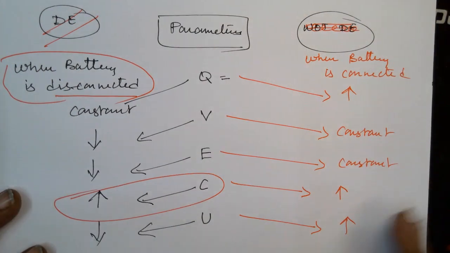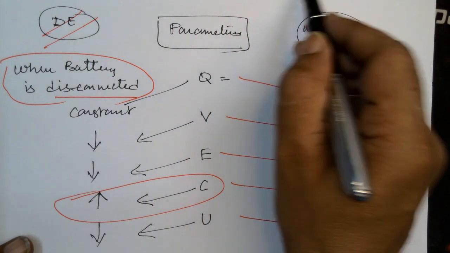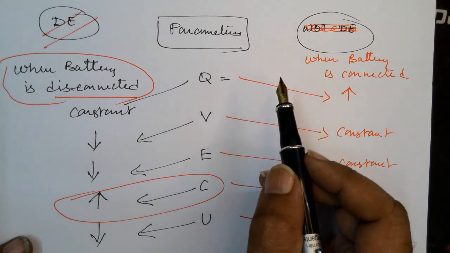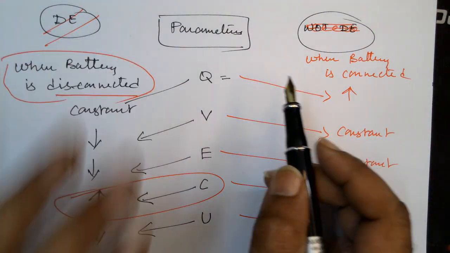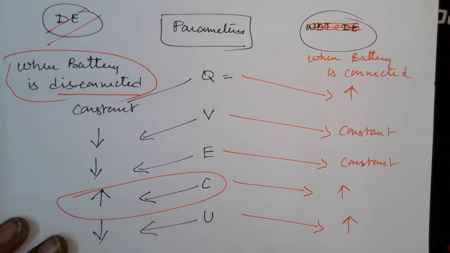So you have to summarize all these things. So the effect of dielectric in a capacitor, we are just talking about the influence of this dielectric, always represented by Q, V, E, C, U.